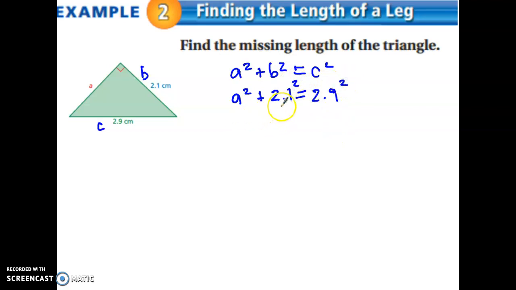So A squared plus 2.1 squared equals 2.9 squared. And let's go ahead and simplify all our numbers. So we're left with A squared plus 4.41 equals 8.41. And we're trying to isolate the A squared, so we have to use inverse operations and undo our addition by subtracting on both sides.